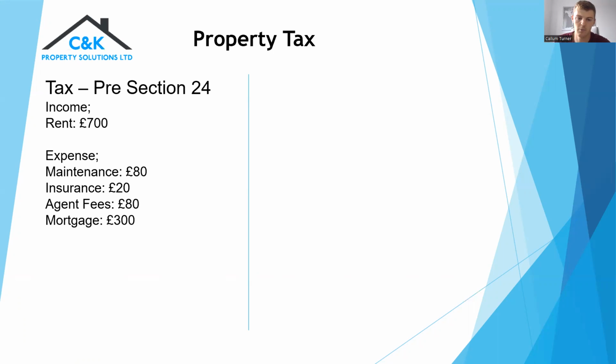This is not a fixed figure, but we tend to see an average of £1,000 per annum per property for maintenance. To insure the property would be approximately £20, letting agent fees of £80, and the mortgage interest of approximately £300.